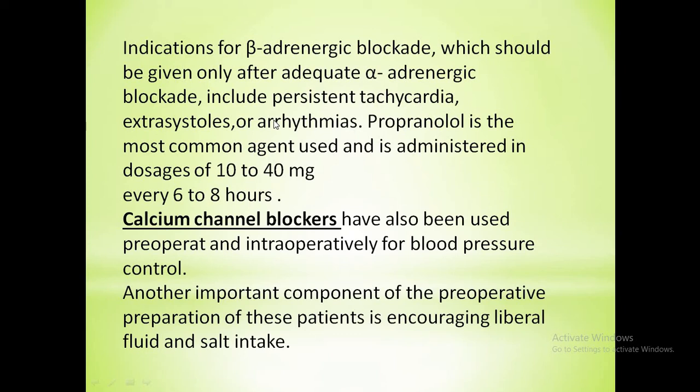In any case, it should only be started after adequate alpha-adrenergic blockade. Again, propranolol is the drug of choice, and the dose is 10 to 40 milligram every 6 to 8 hours. Now, if the patient is asthmatic, you could use calcium channel blockers preoperatively and intraoperatively for BP control.